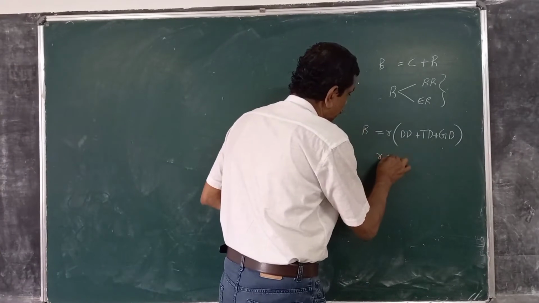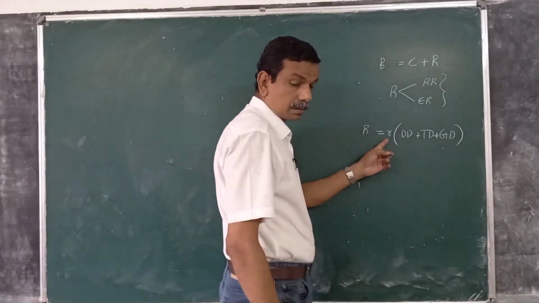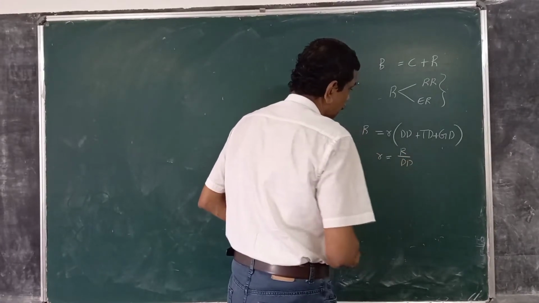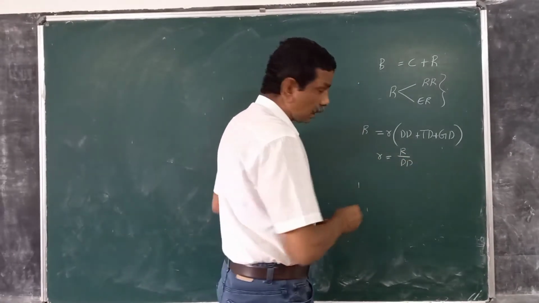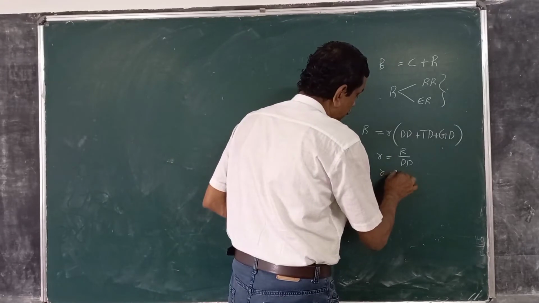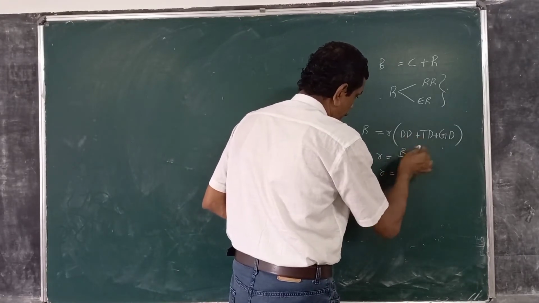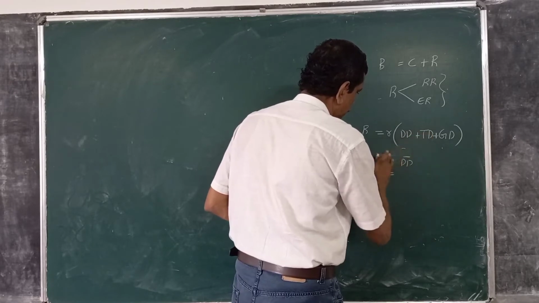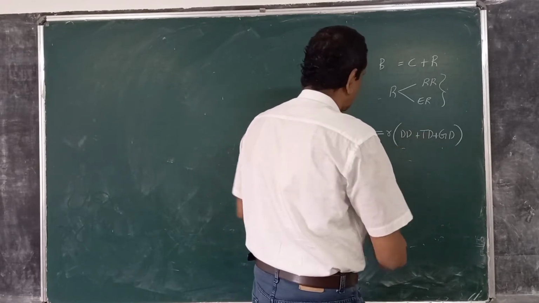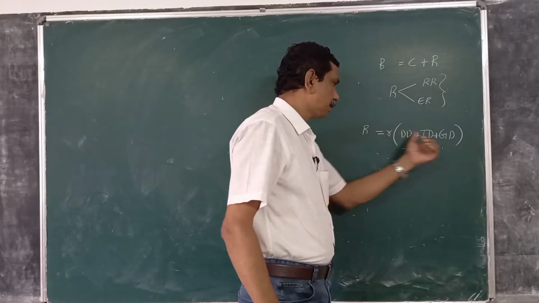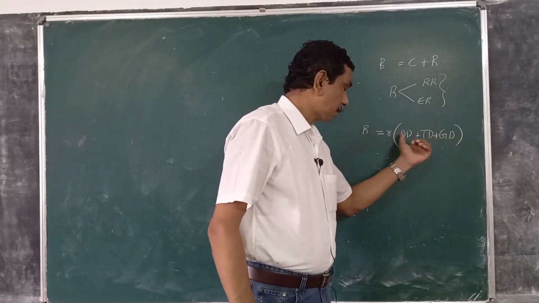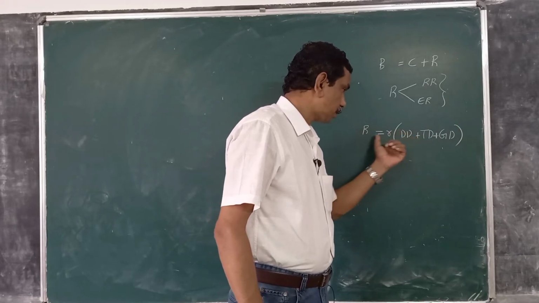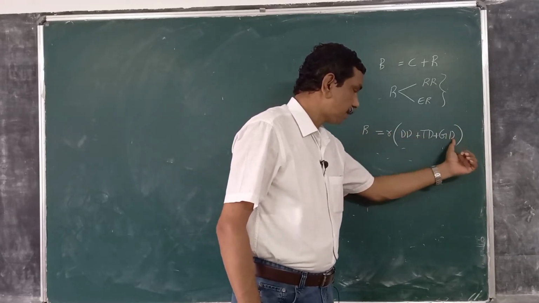So R is equal to R times (DD plus TD plus GD).